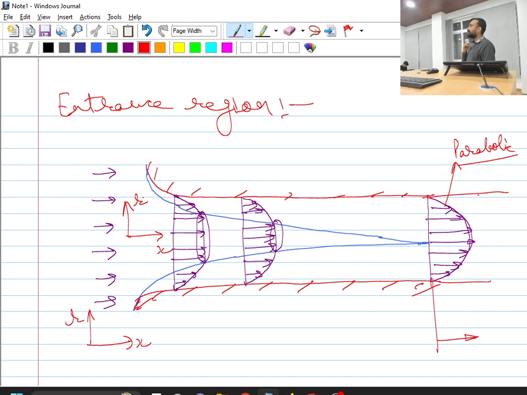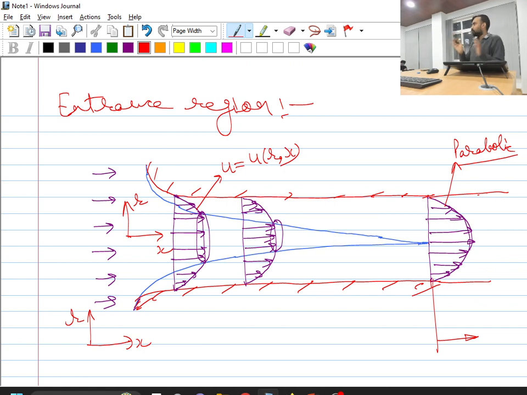so here if I fix my coordinate system, this is my x direction and this is my r direction. So along the radial direction I have variation of velocity. Here you can see, if I have to write down the velocity field at this point, then velocity is a function of both r and x, because with r it is changing, but with x it is also growing. Okay.